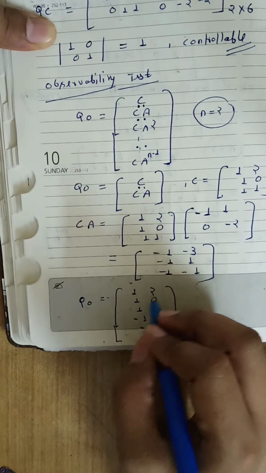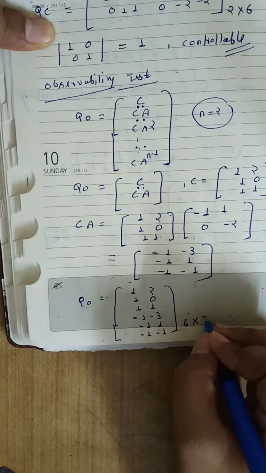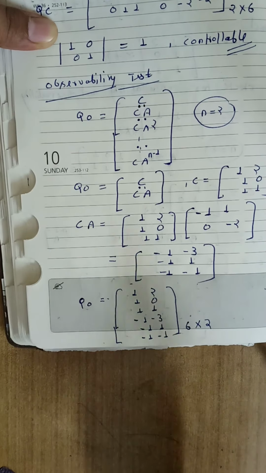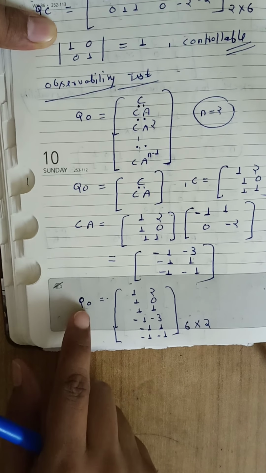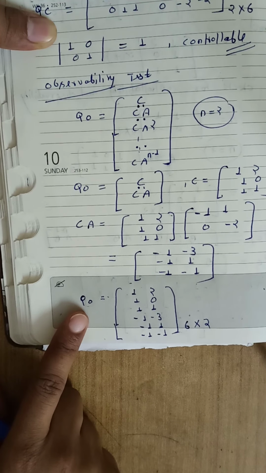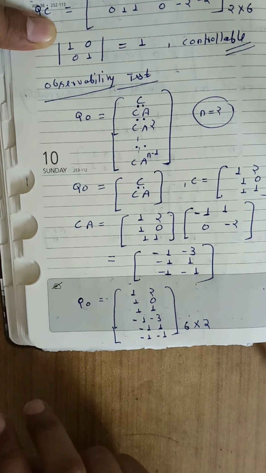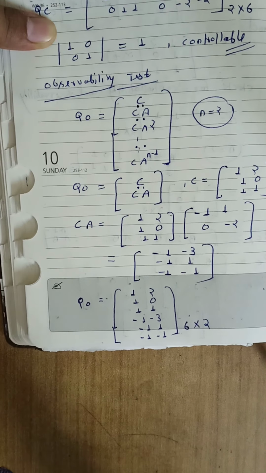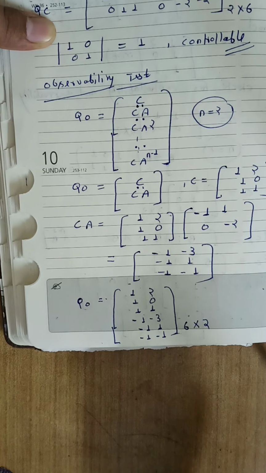So here we have 6 rows and 2 columns. Again we will face the same problem: we will face a problem calculating the determinant of matrix Q naught. So here first we will consider a submatrix of size 2 cross 2 to determine the observability of the system.